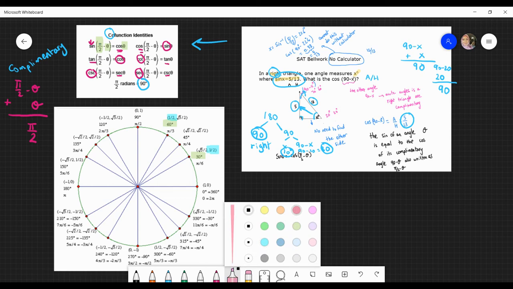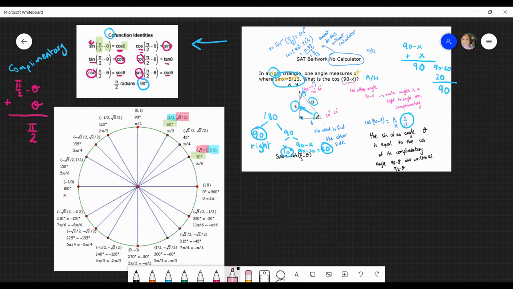And the sine of 60 equals the cosine of 30 degrees, which is a good example, or a good proof, of how we can apply those co-function identities. So the cosine of 60 degrees equals the sine of 30 degrees, and the sine of 60 degrees equals the cosine of 30 degrees.